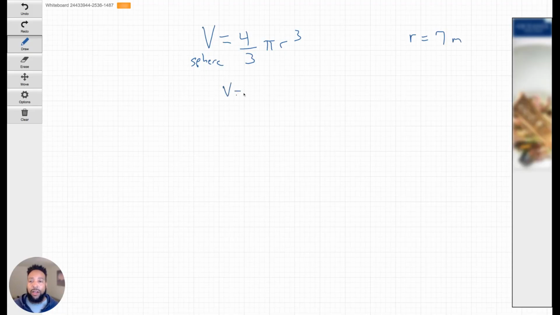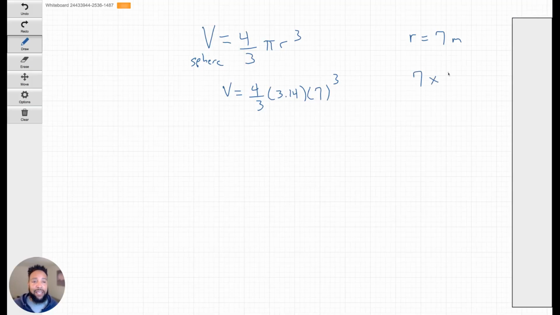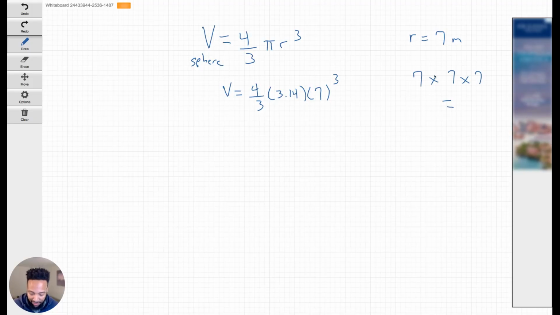So you're going to say volume equals 4/3 pi, 3.14, times 7 to the third, because you're cubing your radius. You come off to the side, 7 times 7 times 7. So we have 7 times 7 is 49, times 7 again is 343.